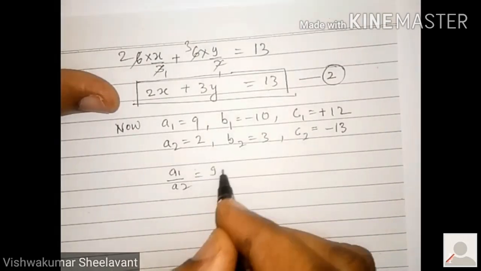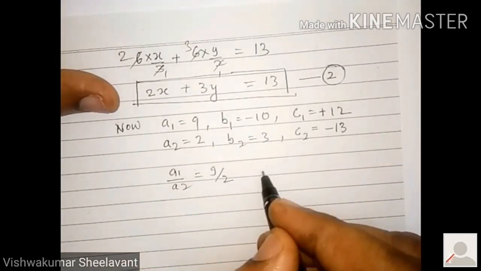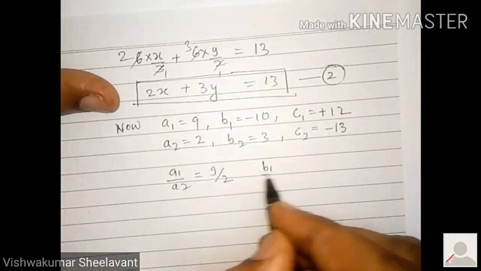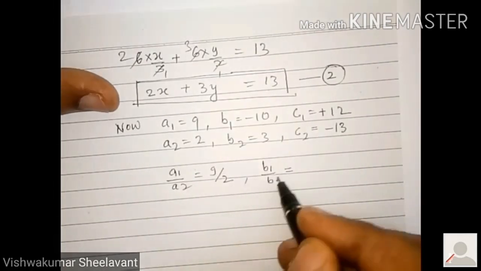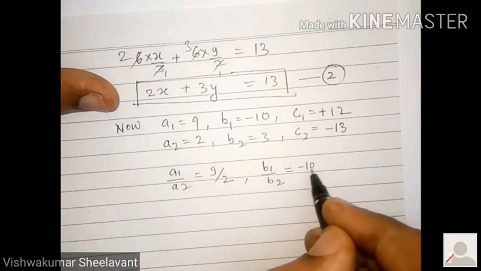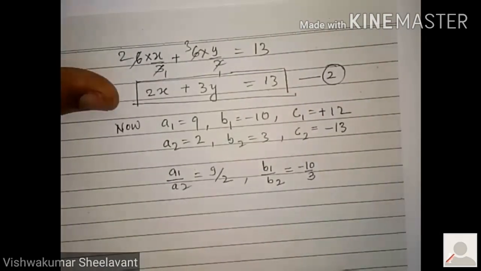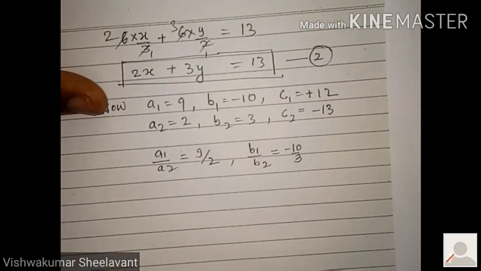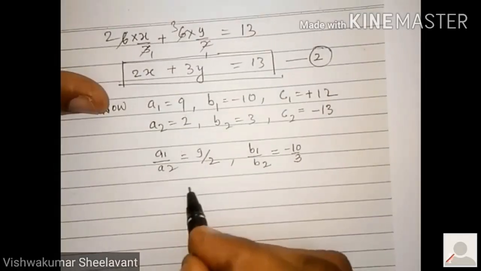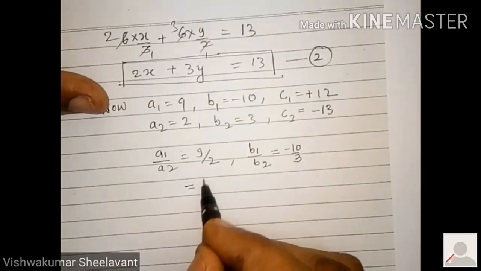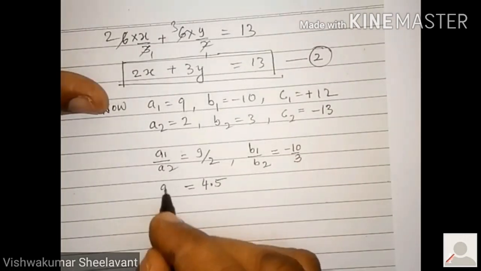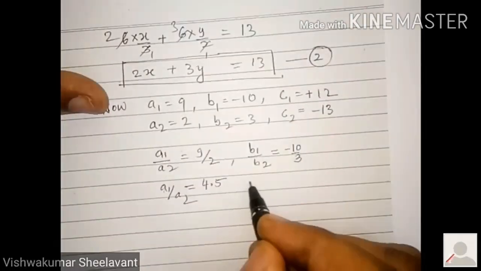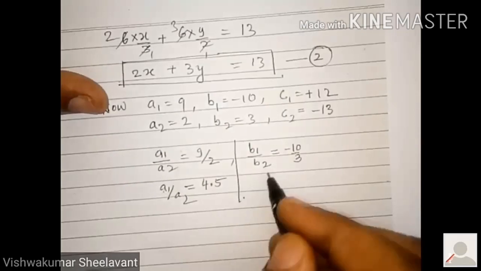A1 by A2 is 9 by 2. B1 by B2 is minus 10 by 3. 9 by 2 is 4.5. Okay.